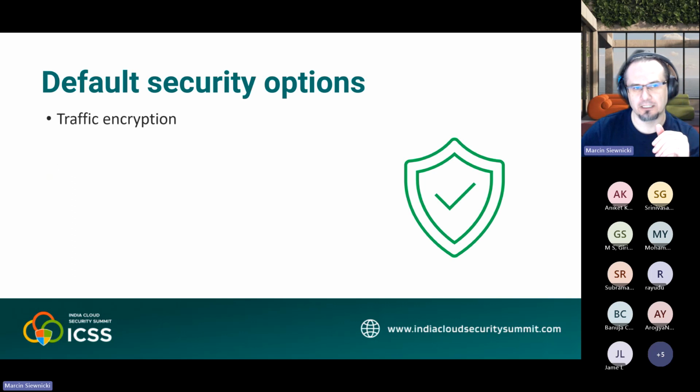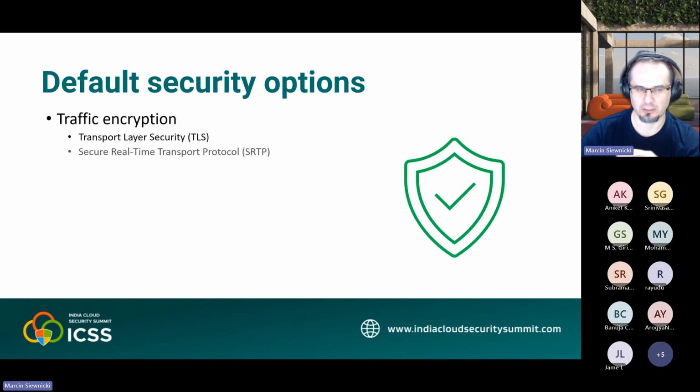So first, of course, Teams meetings are secured by default. So don't assume that there's something unsecure. You don't need to configure it in another way to make it secure. No, Teams meetings are secured. All traffic is encrypted using TLS, using SRTP.